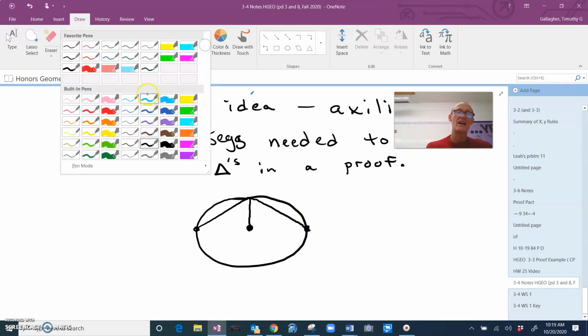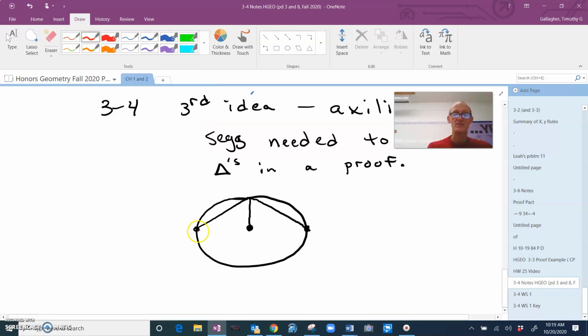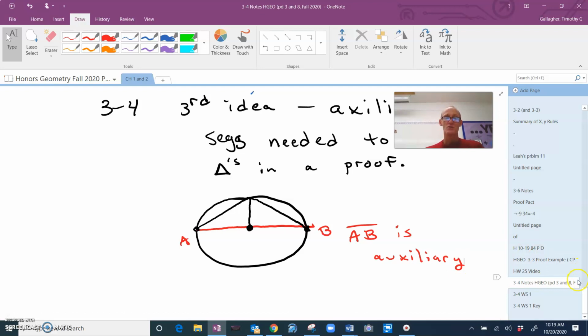And auxiliary lines look like this. Now you can see I have two triangles. Okay? So we'll do the worksheet in another video.